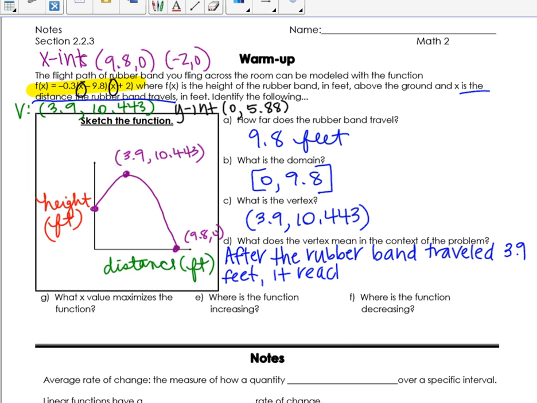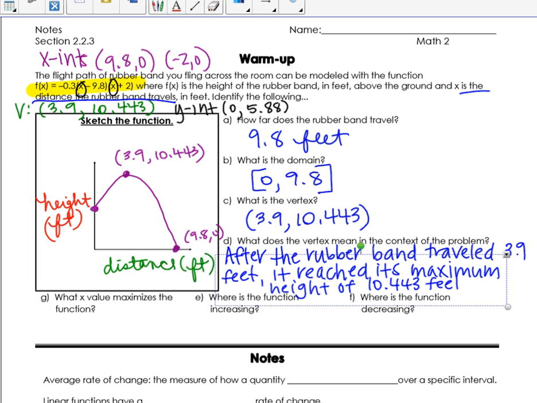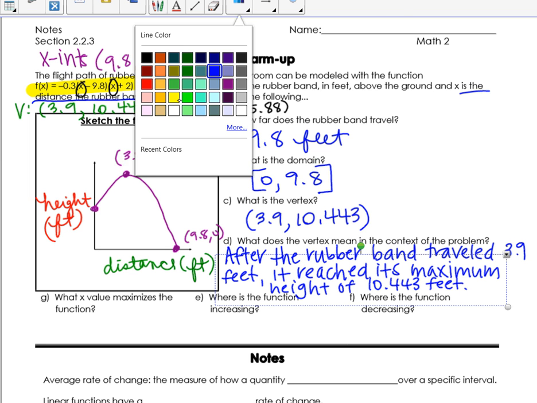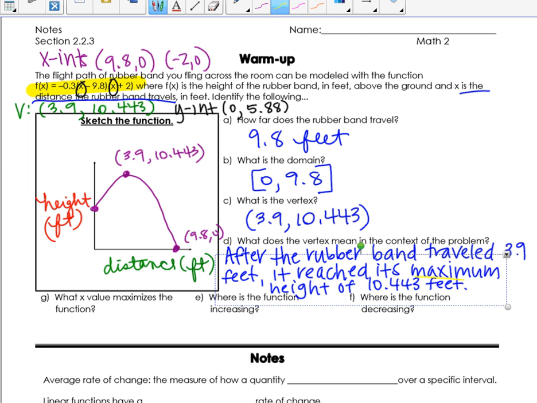You guys, that's the key word that we're looking for. Of 10.443 feet. You guys, if you don't have maximum there, then you're not saying that the vertex is anything special compared to any other point on the graph. But we are looking for maximum.